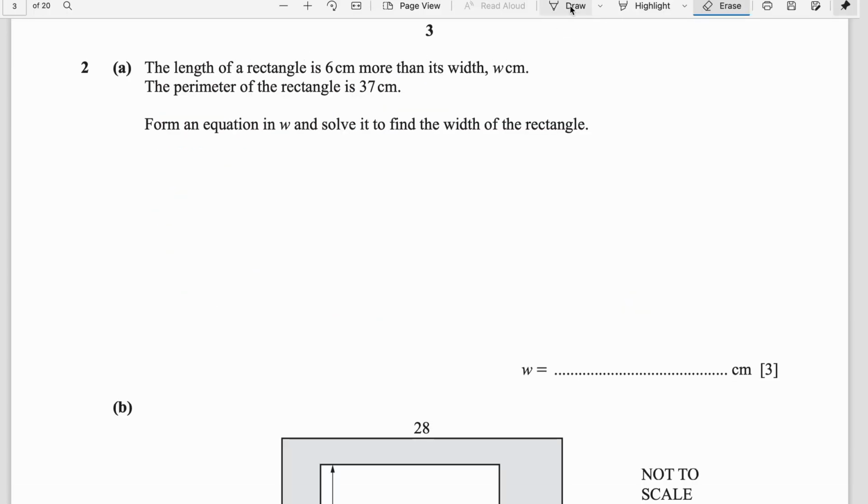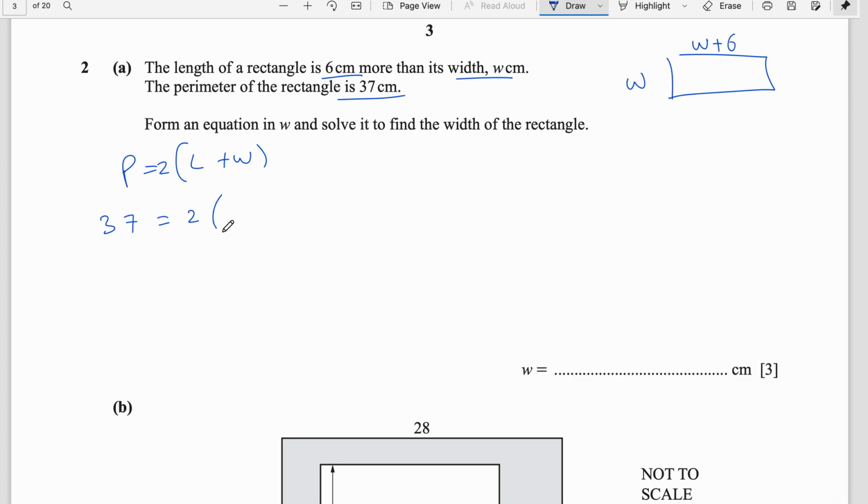The length of the rectangle is 6 centimeters more than its width. So if we consider the rectangle width as W and length is 6 more than the width, the perimeter of the rectangle is given. Perimeter is equal to 2 times length plus width. Just substitute the values.